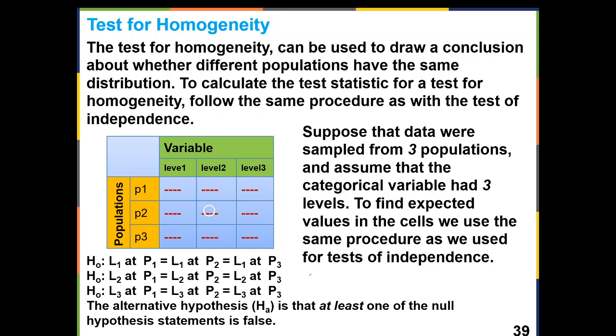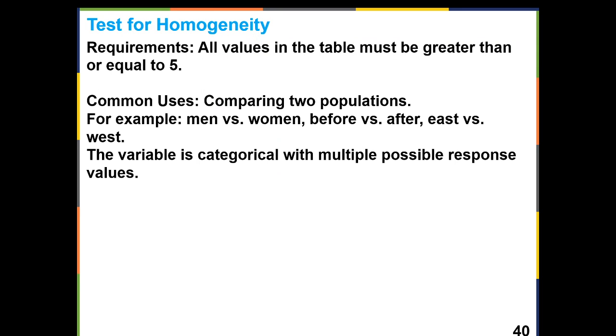Remember, we put it in a matrix, and the calculator actually finds the values for us. So it's the same. If you want to do it by hand, it's the same way. You have to find the grand total and find the probabilities and multiply, right? We did that in the previous section.